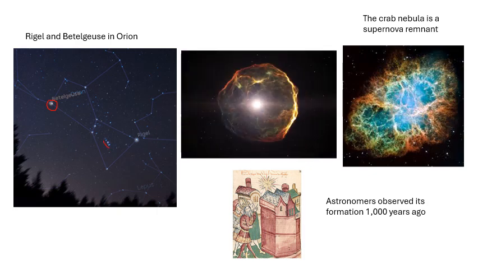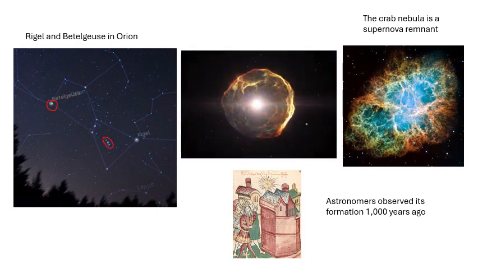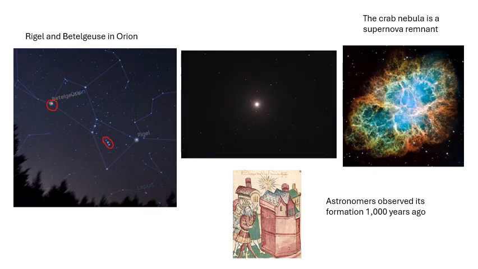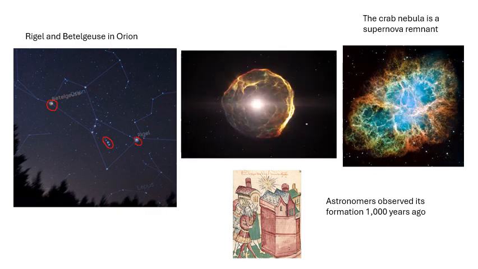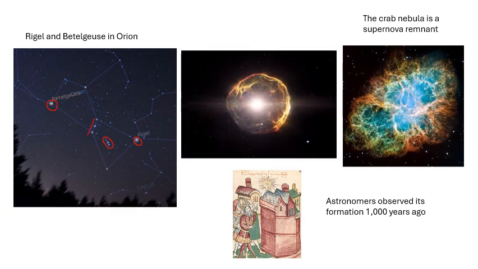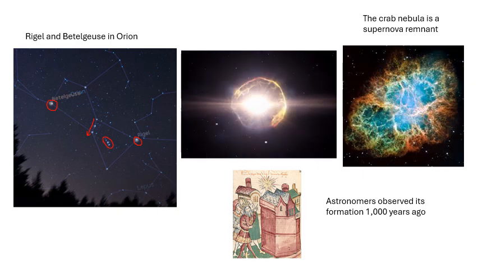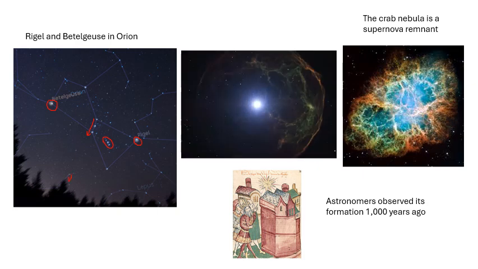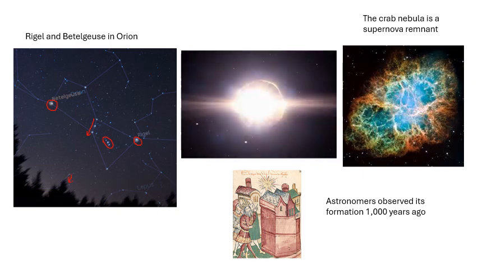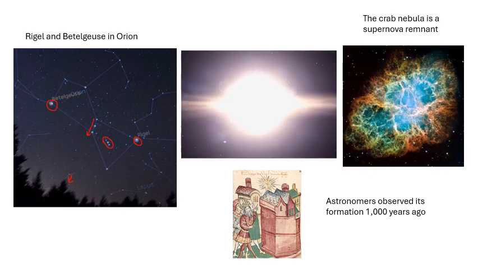The Orion Nebula is in there, in the middle of the sword, and there's Rigel there, which is a blue giant. You may have heard of Orion's belt, and if you follow that down, that points down somewhere to Sirius, which is the brightest star in the northern sky. I like Orion, lots of stuff in Orion.